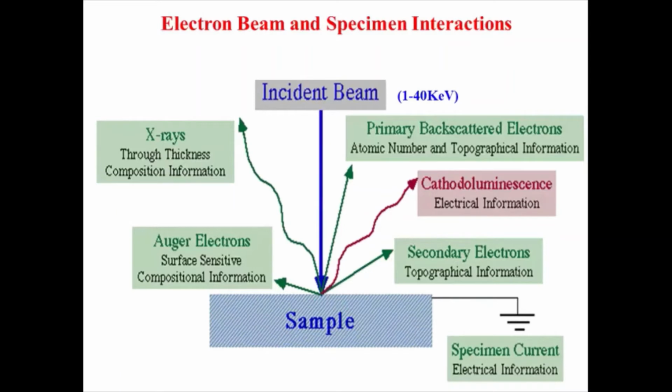So these electrons which are ejected from the core shell are called Auger electrons. The spelling is German, AUGER, but the pronunciation is Auger. So these are also characteristic electrons, means their energies are definite as per the parent atom from which they are coming.